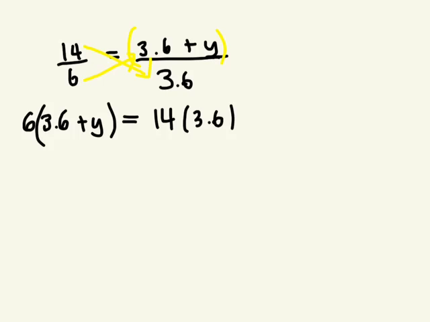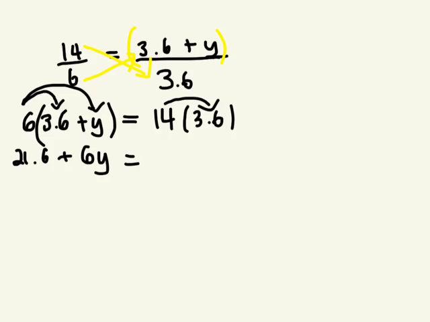So let's simplify. Distribute. 6 times 3.6? 21.6 plus what's 6 times y? 6y, good. What's 14 times 3.6? 50.4.